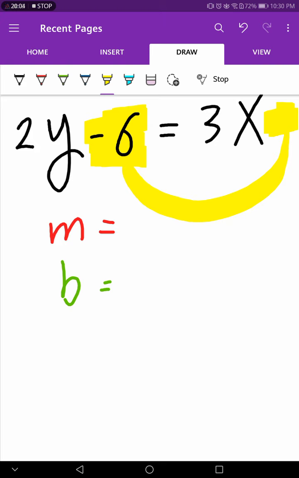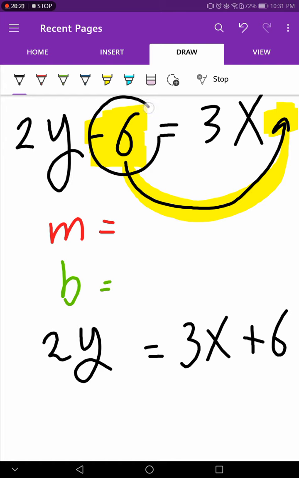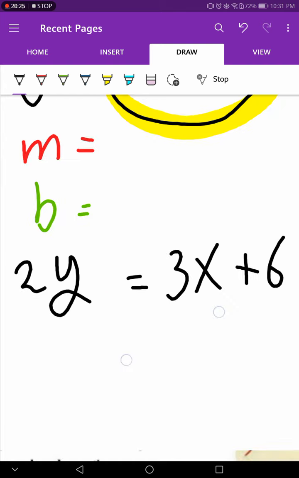So it will be 2y equal 3x plus 6. When I move it, I change the sign. It was negative and it will be positive. This is the first step.